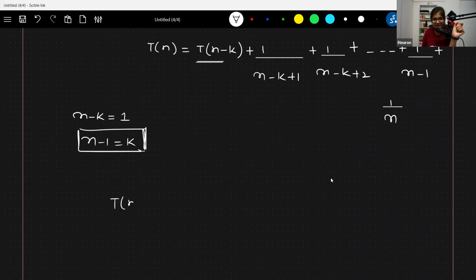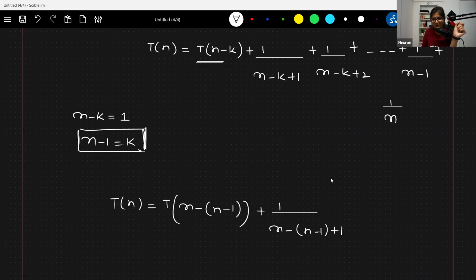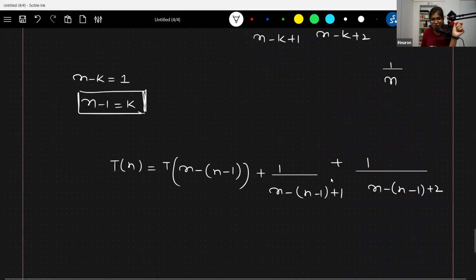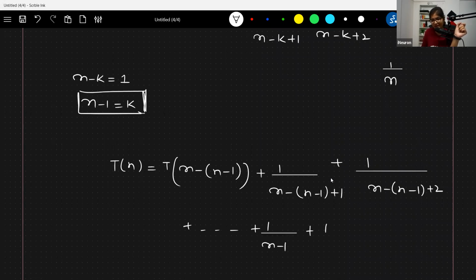So t of n is equal to t of n minus k plus 1 divided by n minus k plus 1, plus 1 divided by n minus k plus 2, until so on, plus 1 divided by n.